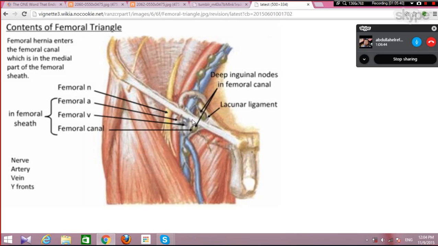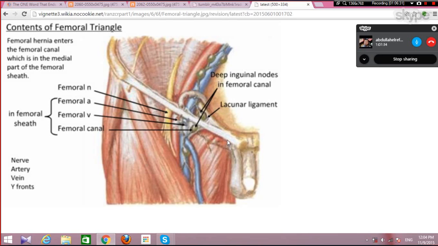If you look at this ligament, some of its fibers attach to the superior pubic ramus, and it's called the lacunar ligament or Gimbernat's ligament. And some of the fibers run along the pecten pubis here, and they're called the pectineal ligament or Cooper's ligament. So we have the inguinal or Poupart's ligament, of which some fibers form the lacunar ligament and some form the pectineal ligament. Clear?